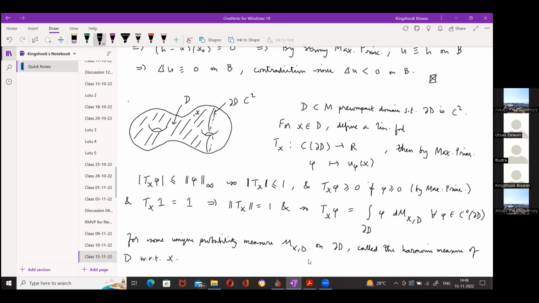Okay, so harmonic measures make sense for pre-compact domains with nice boundary, with C2 boundary. They are measures supported on the boundary of the domain. So not just for geodesic balls, they make sense for general domains.